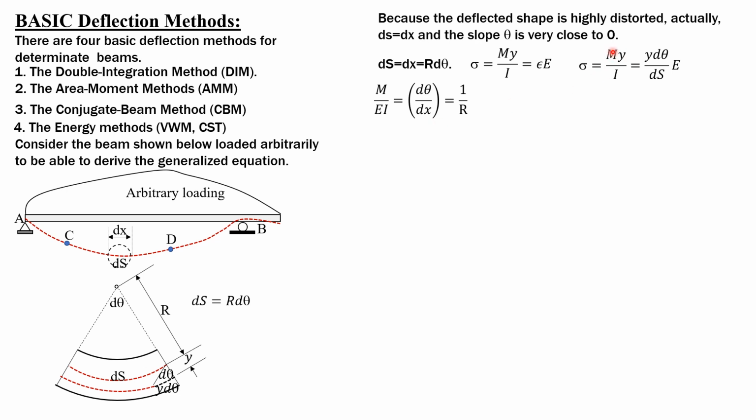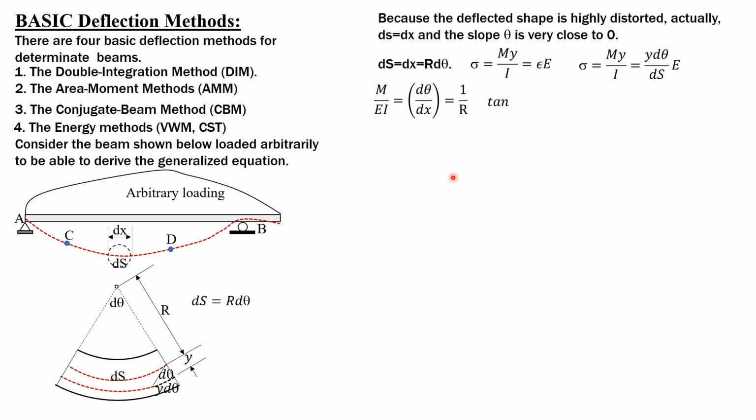From here, M over EI, we cancel out y, is equal to d theta over ds, and ds is replaced by dx because they are practically equal, and therefore it is equal to 1 over r. So M over EI is the reciprocal of the radius of curvature.